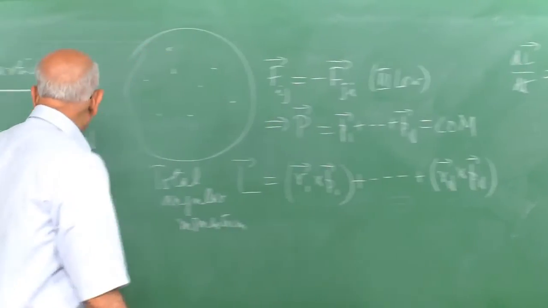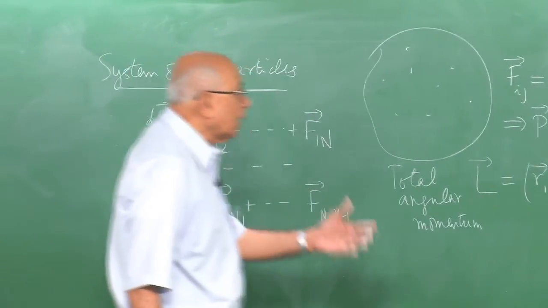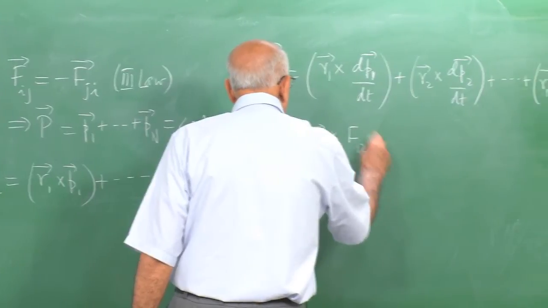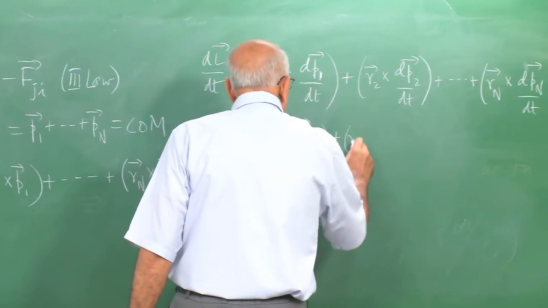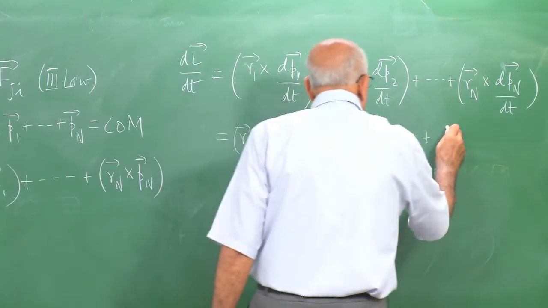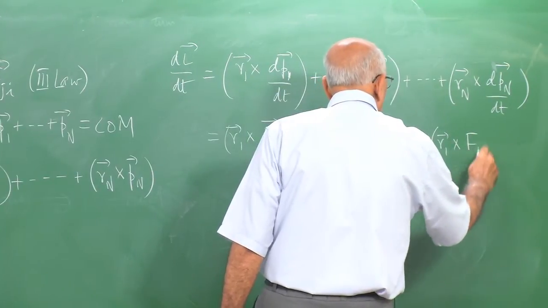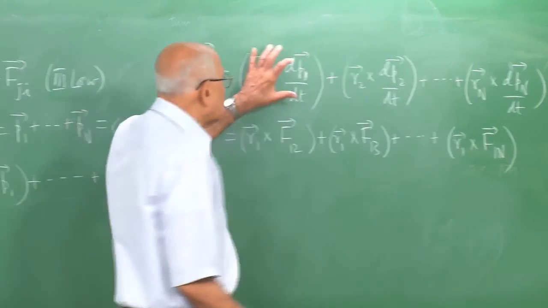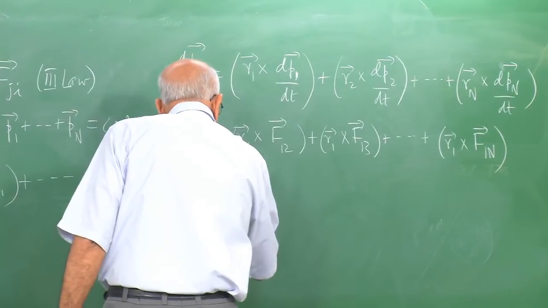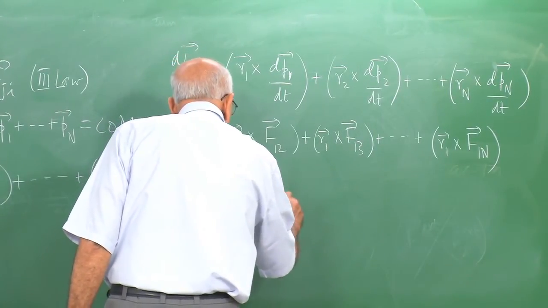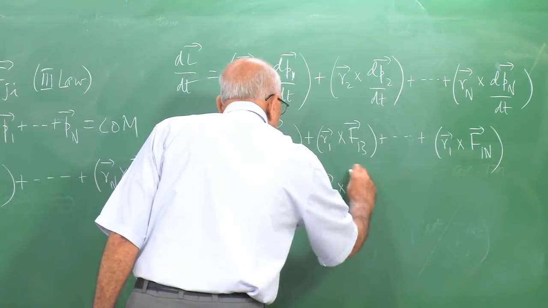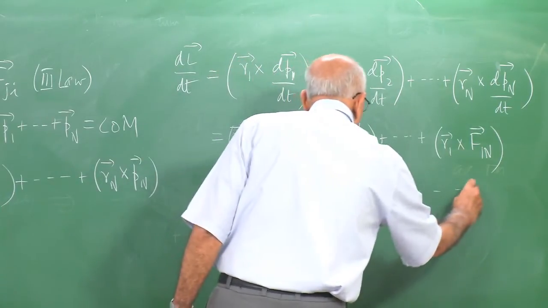But dp1 over dt is given by this quantity here. So let us put that in, and we have this is equal to r1 cross F12 plus r1 cross F13 plus etc. plus r1 cross F1n. That takes care of just this first term, plus, and we have to write this for all the terms, r2 cross F21 plus r2 cross F23 plus etc. and so on.